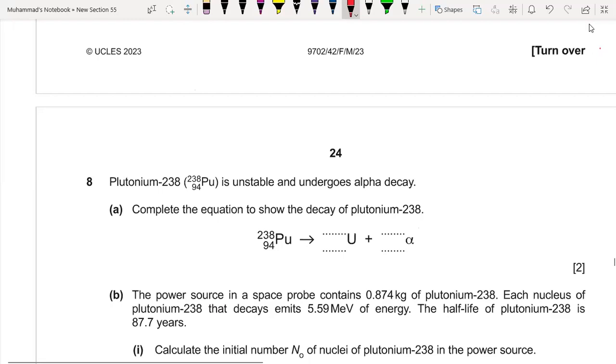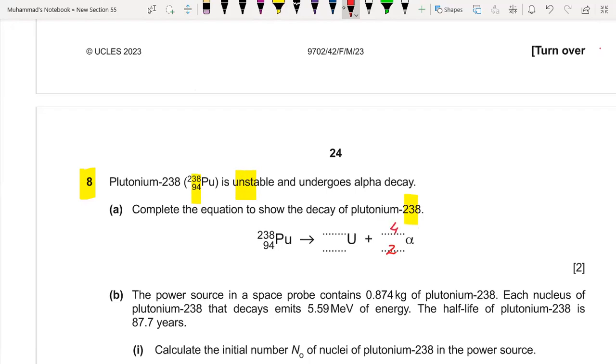So let's do question 8. Plutonium-238 is unstable and undergoes alpha decay. Complete the equation to show the decay. Very simple, straightforward question. You know that an alpha particle is a helium nucleus with 2 protons and 2 neutrons, so 2, 4.